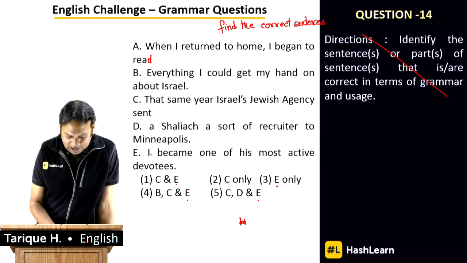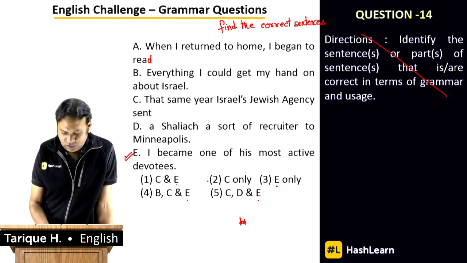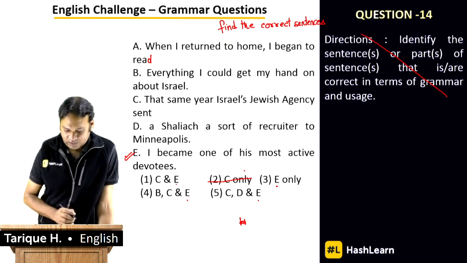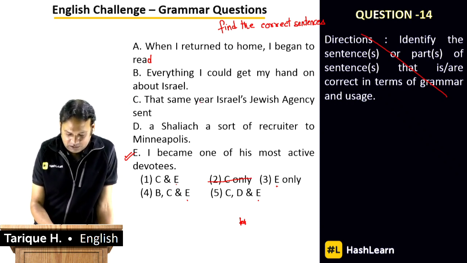You look at E, I became one of his most active devotees. This sentence is perfectly right. So E is a correct sentence, which means the answer cannot be 2, which is C only. Now if you look at C, that same year, Israel's Jewish agency sent. Israel's is the correct way of writing apostrophe s here.